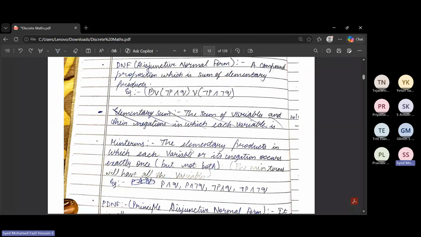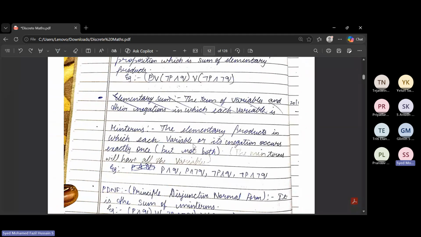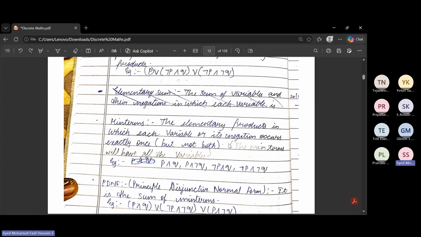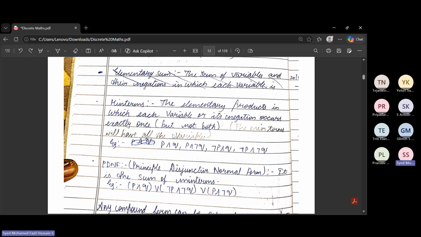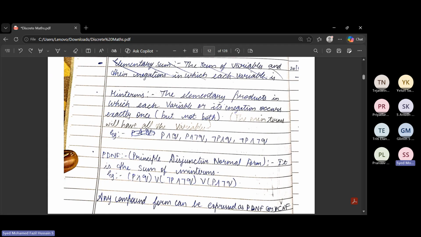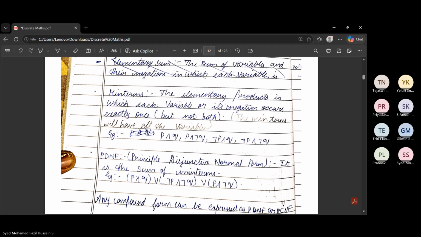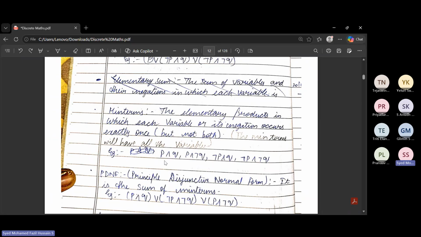Minterms are just the elementary products in which each variable or its negation occurs exactly once, but not both. The minterms will have all the variables. The examples are p and q, p and not q, not p and q, not p and not q, which are the elementary products in which each variable occurs exactly once.